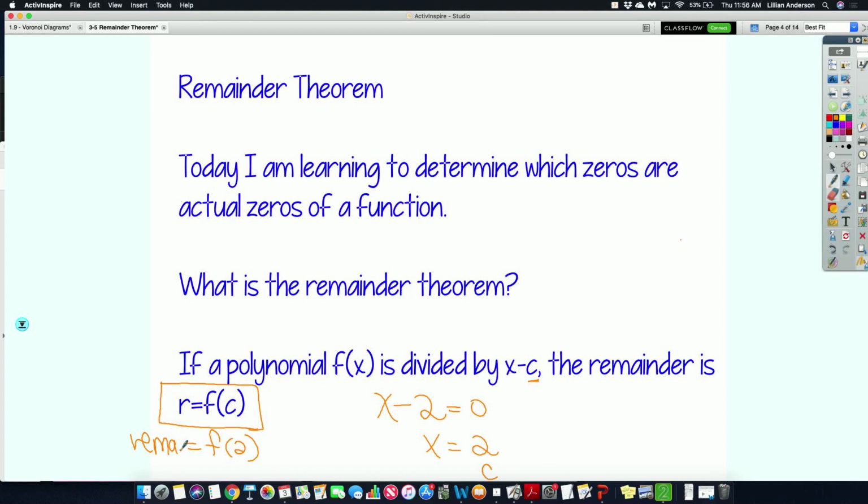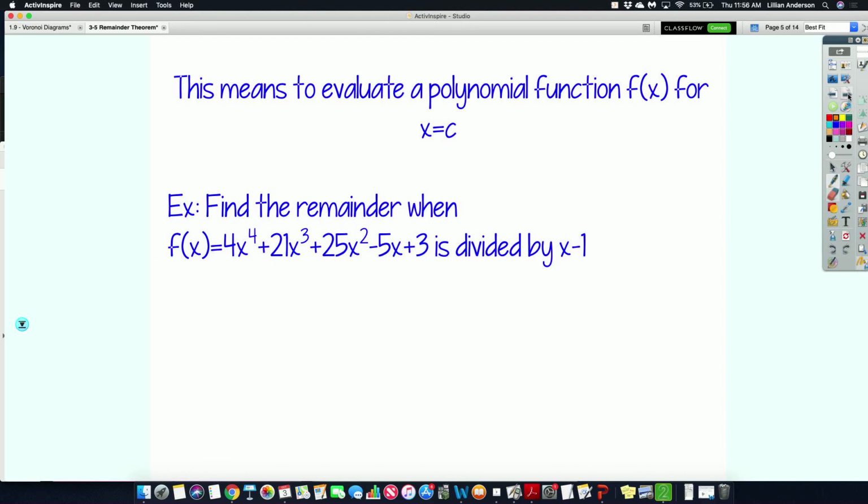I'm jumping ahead. So again, this means that you need to evaluate the polynomial function f of x for x equals c. Figure out what c is, plug it into the function, and whatever you get is the remainder.